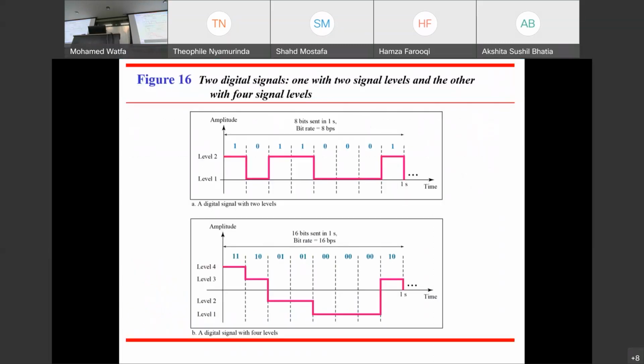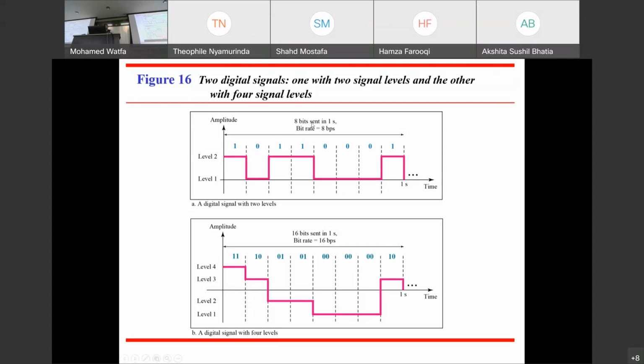In simple terms, this is a very simple example of a digital signal, okay? And this is my data. In this case, it's only two levels, very simple. Pay attention: 1 is high, 0 is low. So we're only using two levels, so we can encode basically only 1 bit at a time.